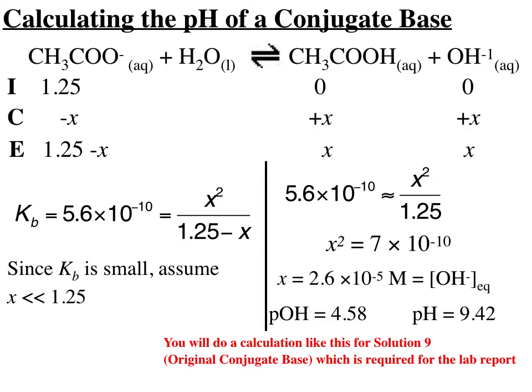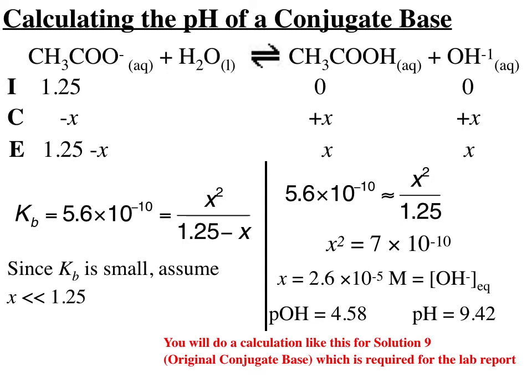So now I write the Kb expression for this equilibrium. It is CH3COOH times OH minus divided by CH3COO minus, all measured at equilibrium. So Kb, which is 5.6 times 10 to the minus 10, should equal x squared divided by 1.25 minus x.